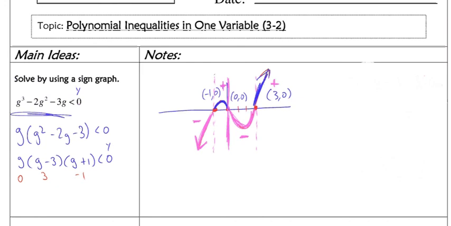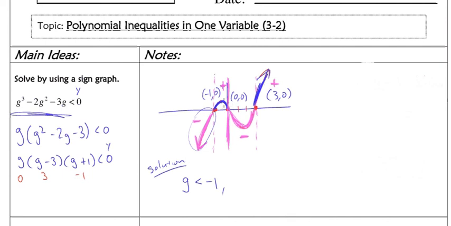We need to actually write out when we have g that satisfy this polynomial inequality. For the first part, anytime that g is less than negative 1, we're getting outputs that are negative. So here's our solution: g is less than negative 1.